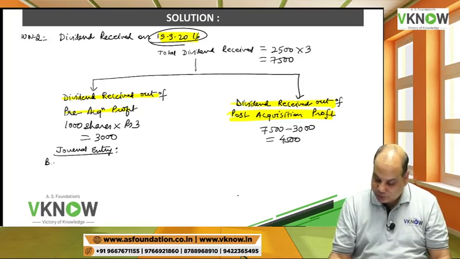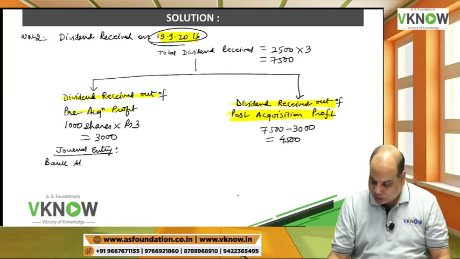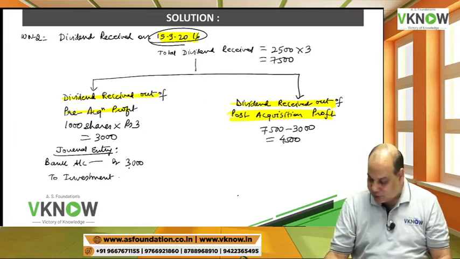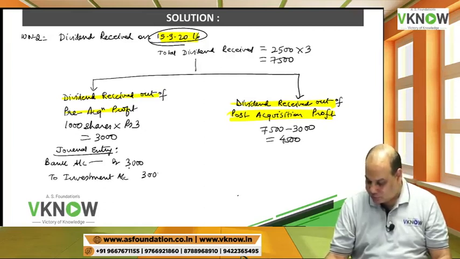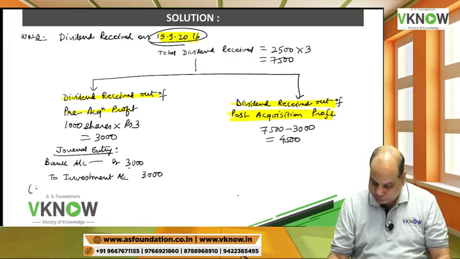Here the entry will be bank account debit 3000 to investment account 3000. I am explaining with the help of entry also. It is like recovery of cost.